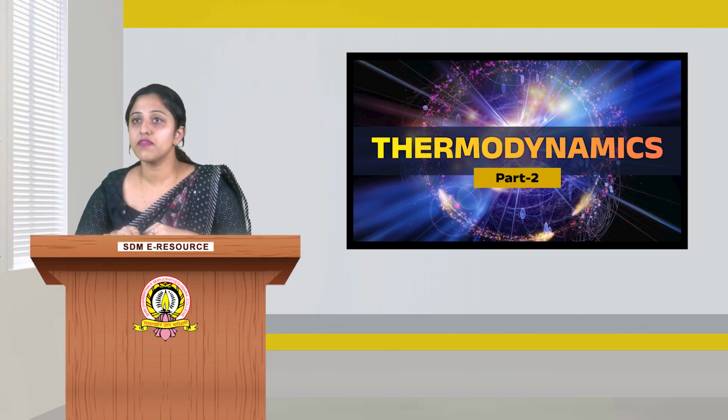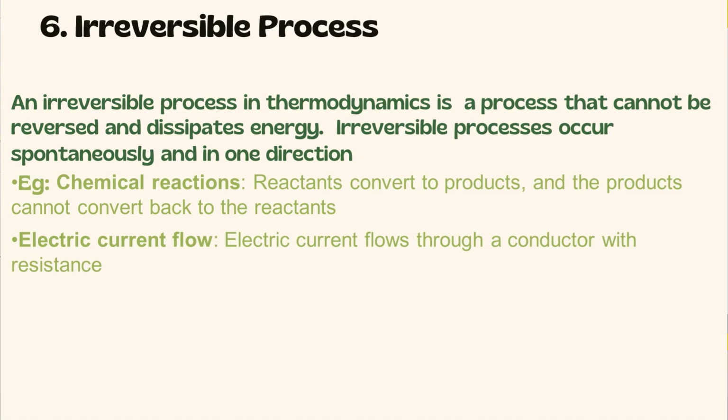The next one is irreversible process. An irreversible process in thermodynamics is a process that cannot be reversed and dissipates its energy. This process occurs spontaneously and only in one direction. For example, we can consider a chemical reaction. In a chemical reaction, reactants convert into products and the products cannot convert back into reactants, which is irreversible.